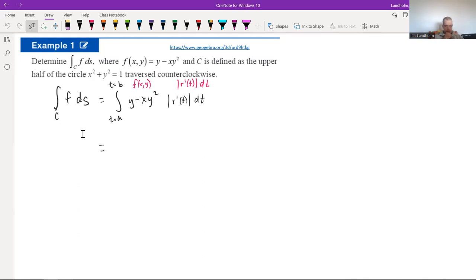So we want to change all of this in terms of t, and in order to do that, we're going to need to parameterize our curve.